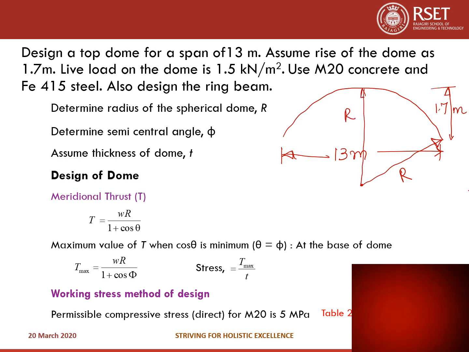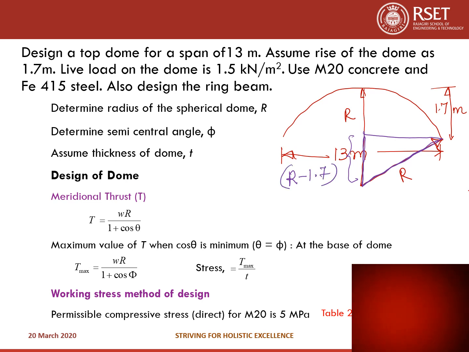Now let us use the Pythagoras theorem. Take this right angle triangle and use the Pythagoras theorem. We know this rise is 1.7 meters. So remaining this distance will be r minus 1.7.